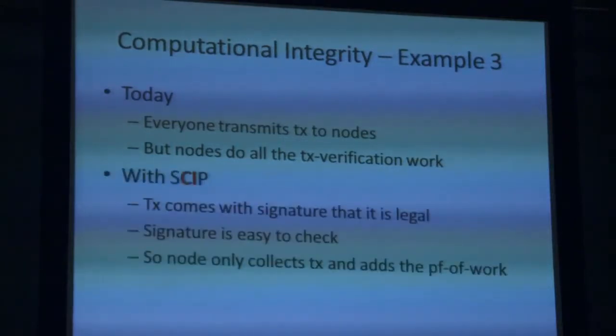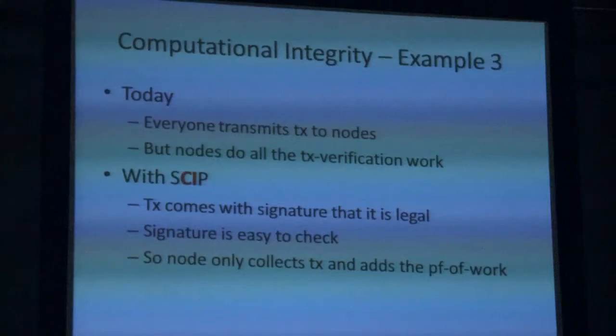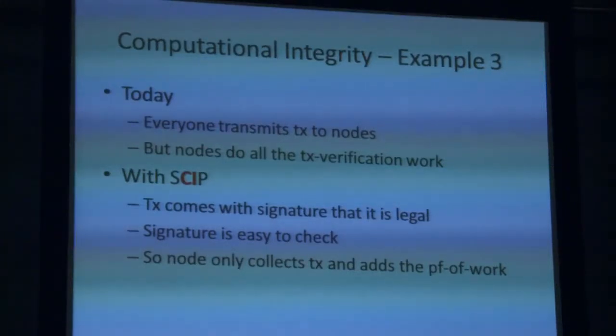In the new system, if you use SCIP, succinct computational integrity and privacy, then the transaction can come with a signature that basically says the client who is posting this transaction has checked that everything's okay. And now what the node does is just check that the signature is okay, which is going to be very, very short and simple to do, and the nodes only need to collect the transactions and just add the proof of work at the end.